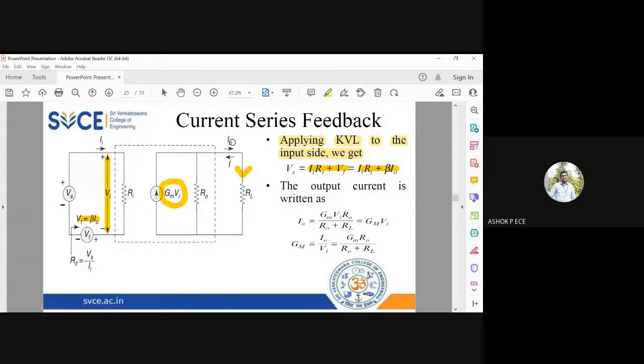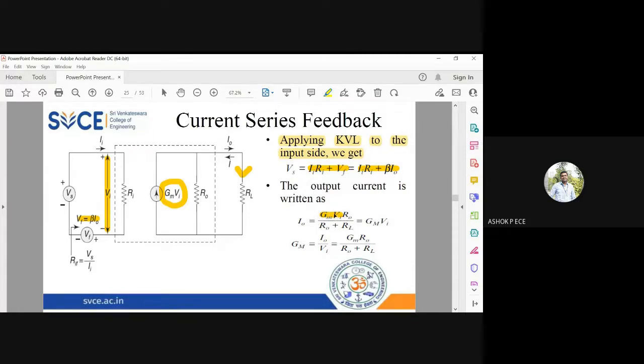To find the opposite resistance, you have to hide the resistance across which you are measuring your current. So hide this RL. Whatever is remaining is your opposite resistance. So Gm Vi is the total current, so I naught equals Gm Vi into R naught by R naught plus RL.